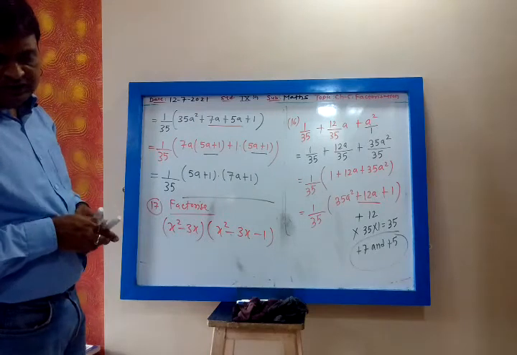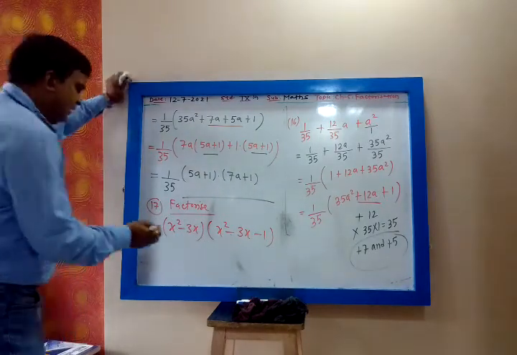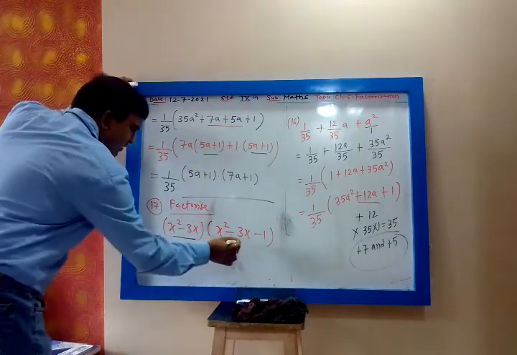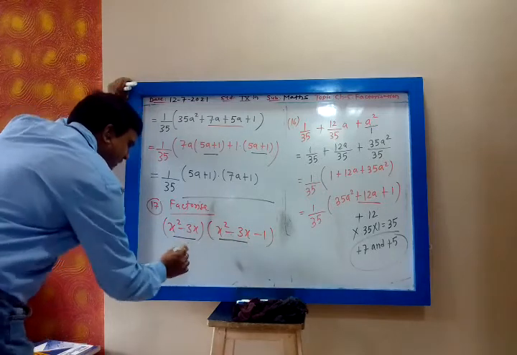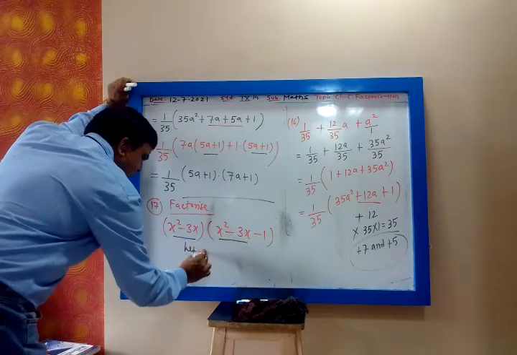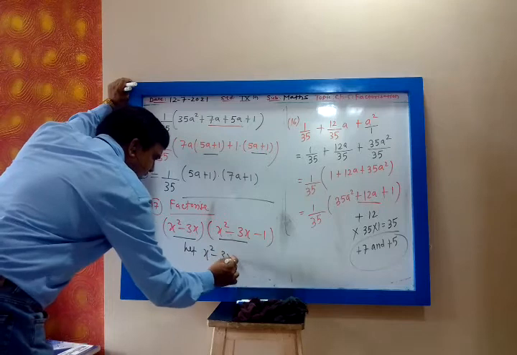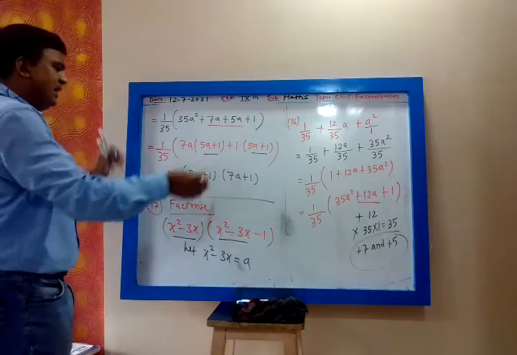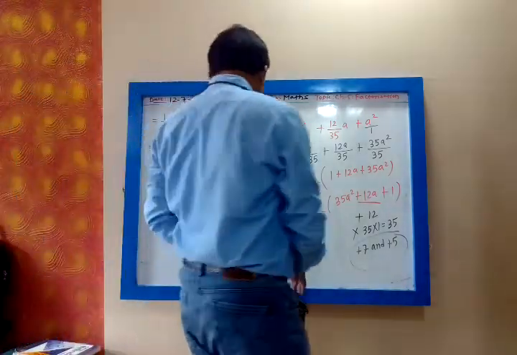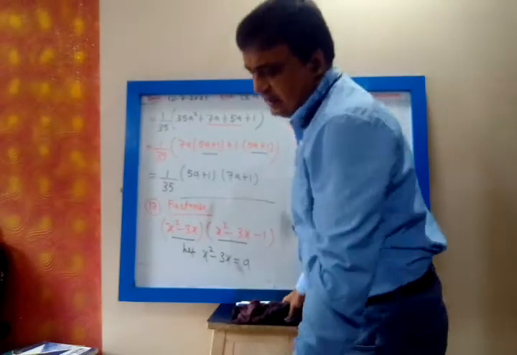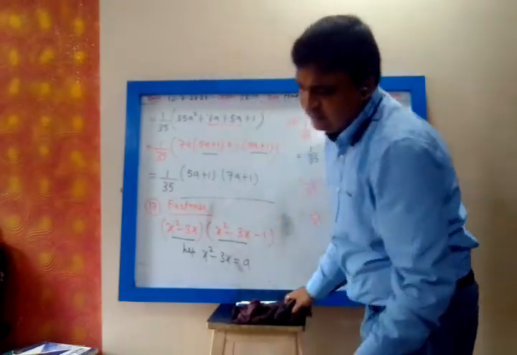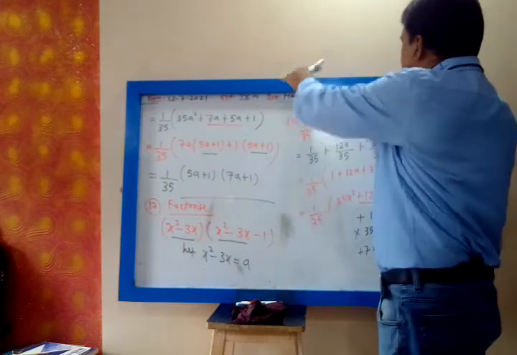Now which term can you see common? Yes, x square minus 3x, no? This x square minus 3x I will take as a. So let x square minus 3x be equal to a, and rewrite this equation.